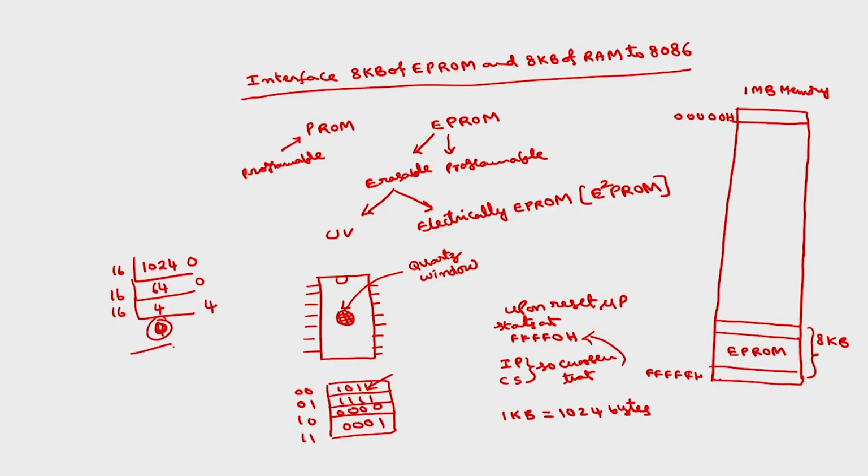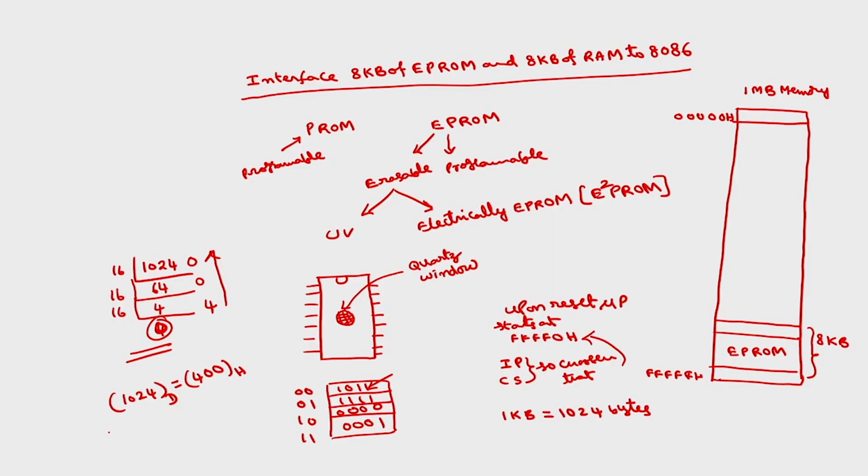You have to stop here when you get the quotient as 0. Then you read from bottom to top. So 1024 decimal is equal to 400 hexadecimal. So 1 kilobyte means a total of 400H.